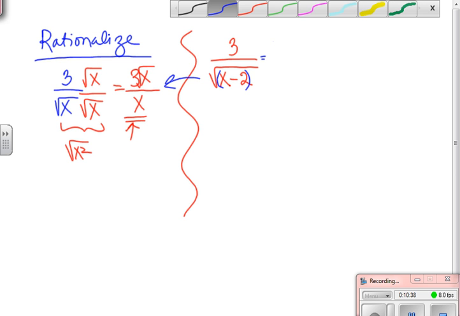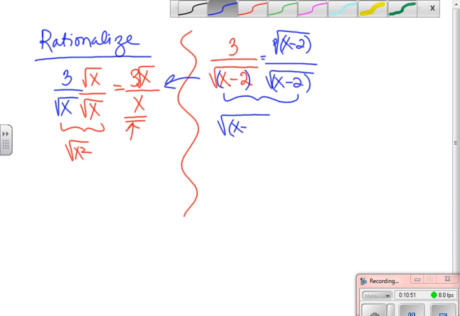So I'm really going to multiply top and bottom by that exact expression again. So that means there are 2 of them, so this is really the x minus 2, the quantity squared. So in the numerator, I'll have the square root of x minus 2 all over x minus 2.